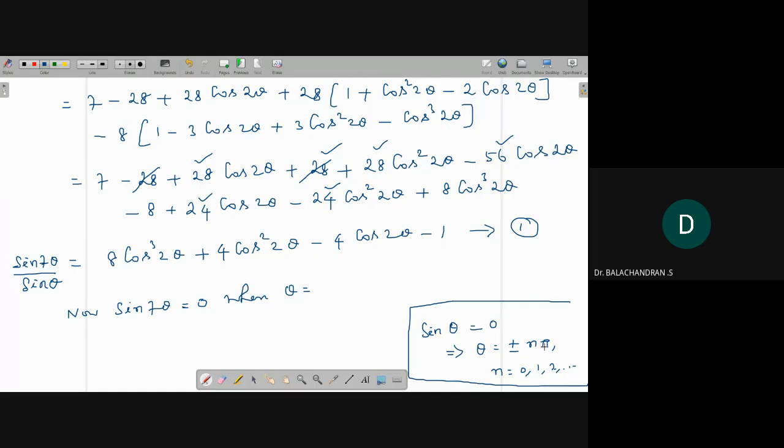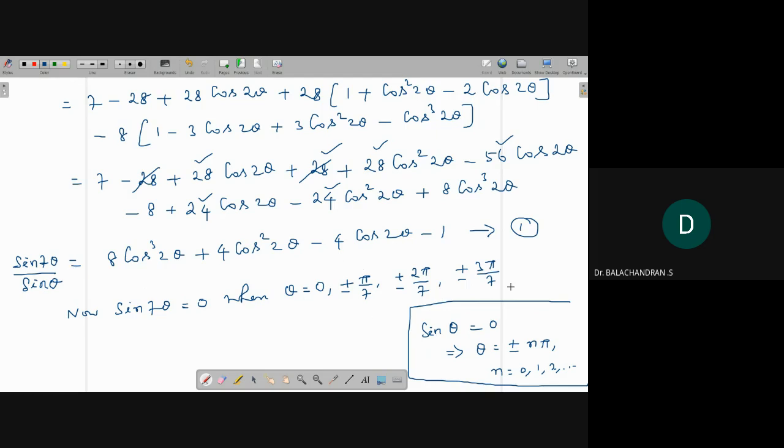First I will write theta equal to 0, and then plus pi by 7, minus pi by 7, plus 2 pi by 7, minus 2 pi by 7, plus 3 pi by 7, and minus 3 pi by 7. So we have 7 roots, because sine 7 theta equal to 0 when theta equal to this.